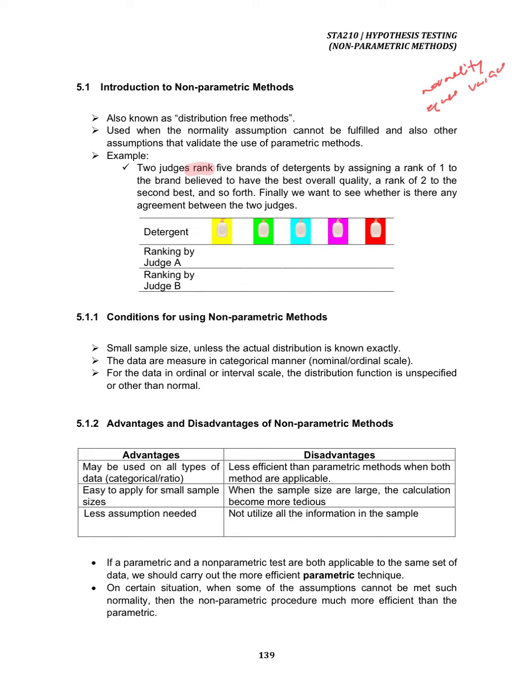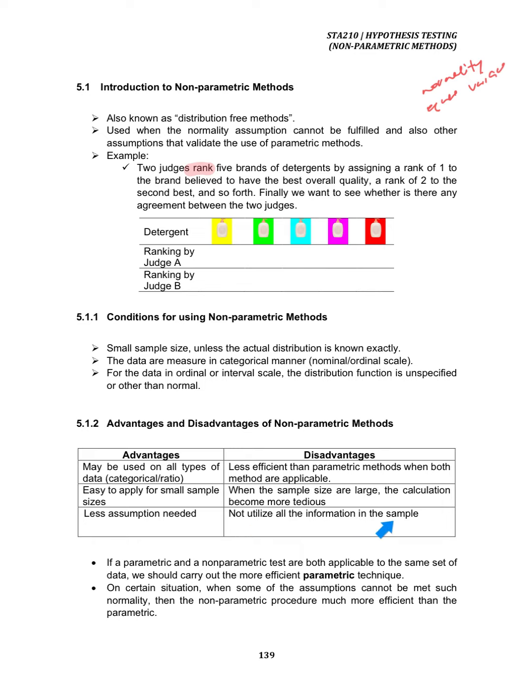Also, when the sample size is large, the calculation becomes more tedious. So when we have a large data set and want to apply the non-parametric method, the calculation will become more complex.